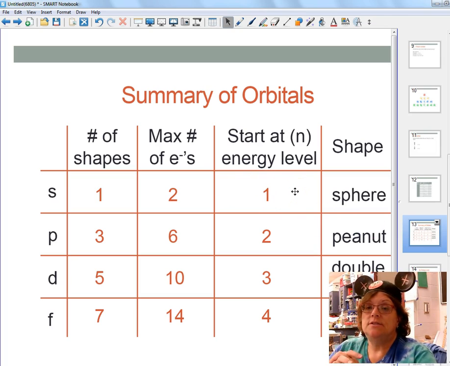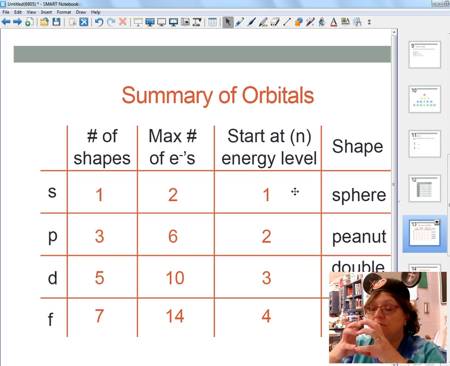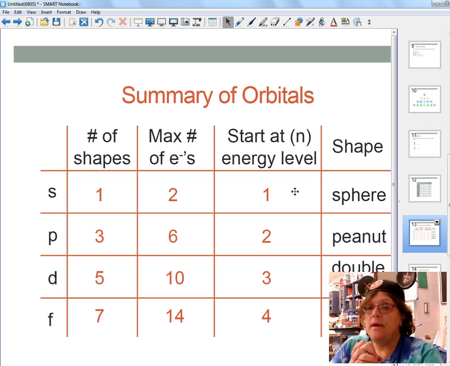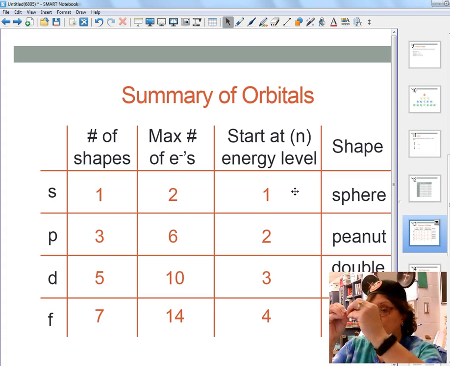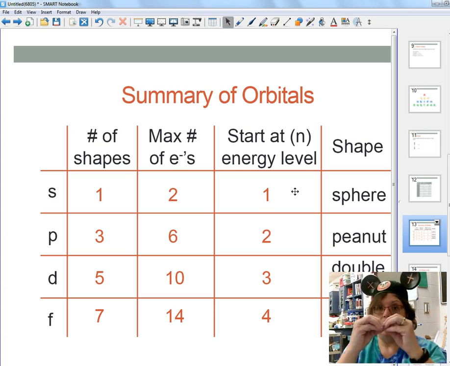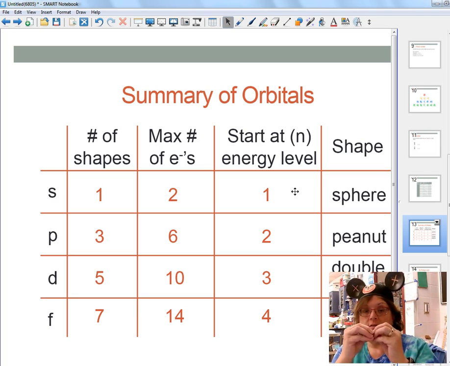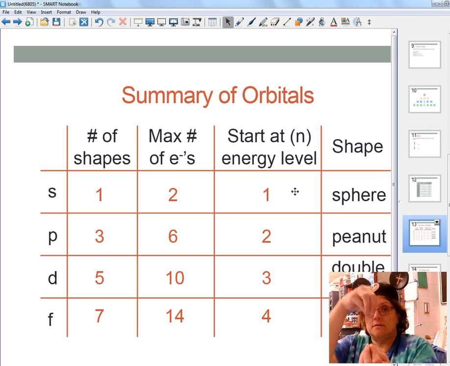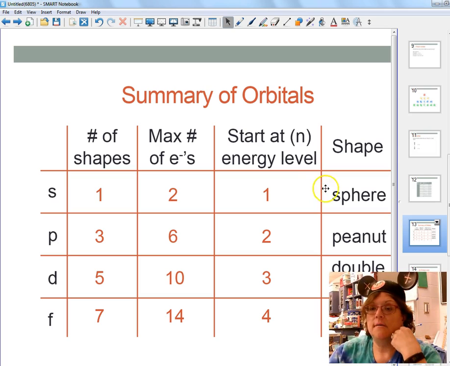All right, to summarize, an S orbital has just one shape. It's round. It's a sphere. A p orbital, there'll be 3 orbitals in the p sublevel. They're peanut shaped, so you have 2 lobes, one on the x-axis, one on the y-axis, one on the z-axis.